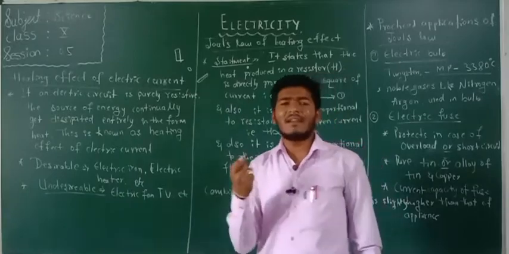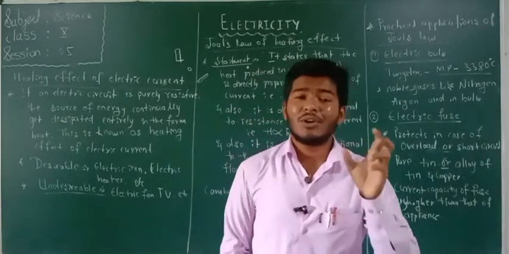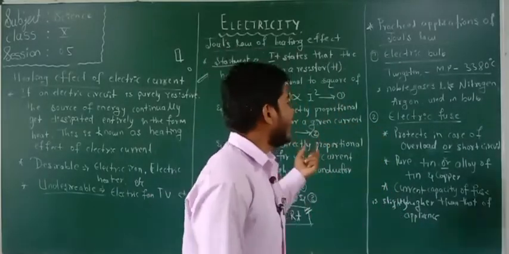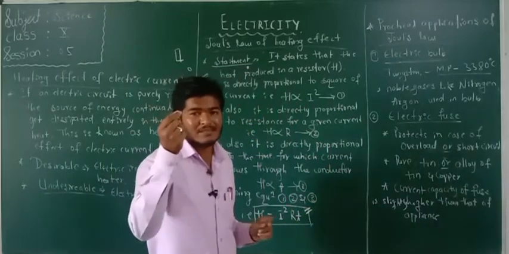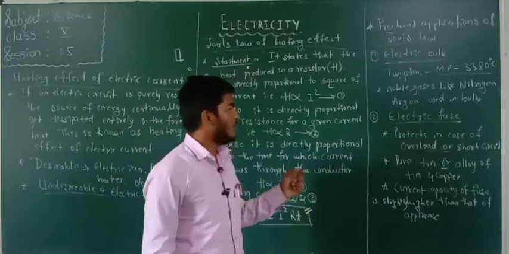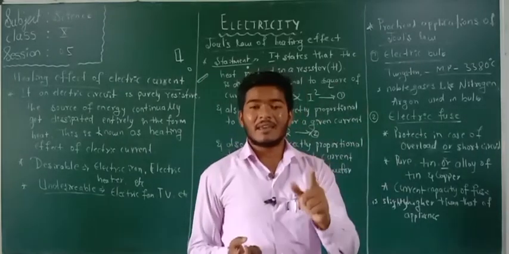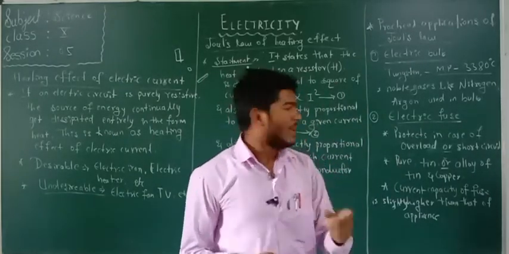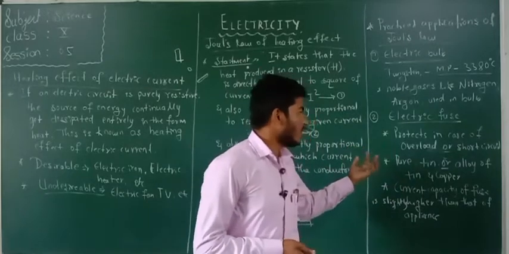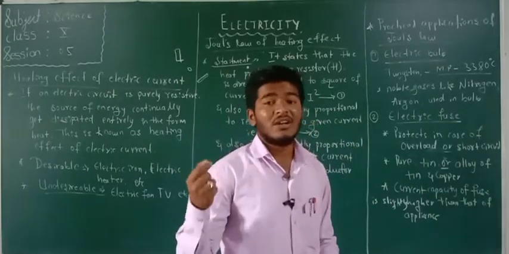What is an electric fuse? Why do they use this electric fuse? This electric fuse is a small device which we use to protect our electronic devices in the case of overloading, or also in the case of short circuit.